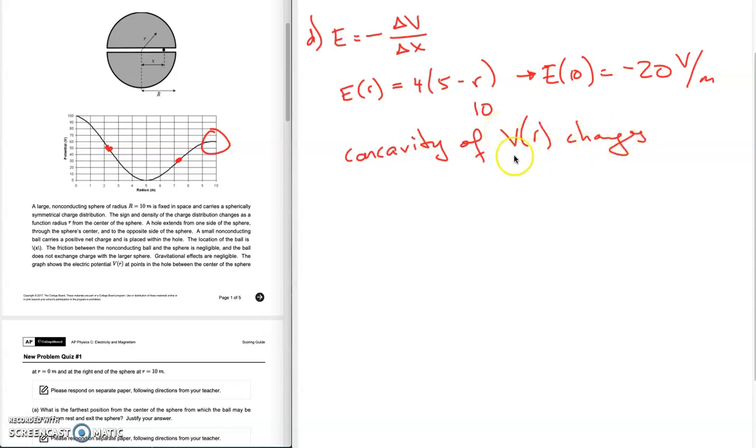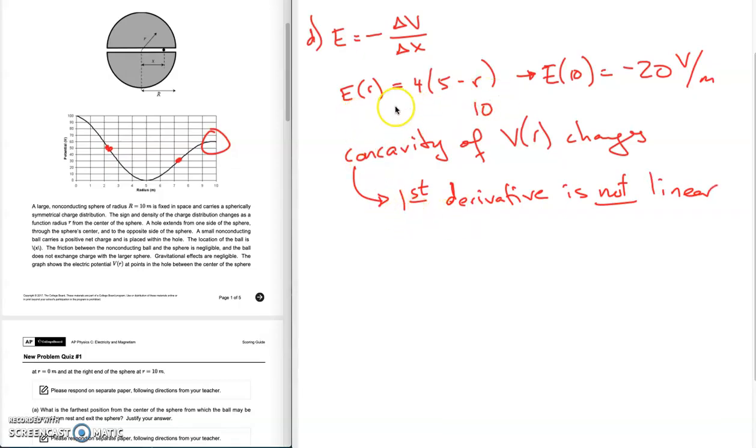If the concavity is changing, you should know from calculus class that the first derivative is not linear.